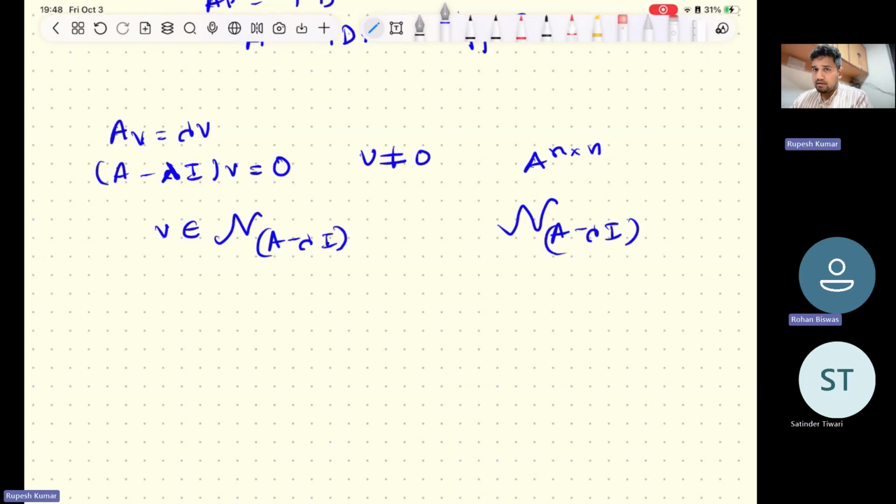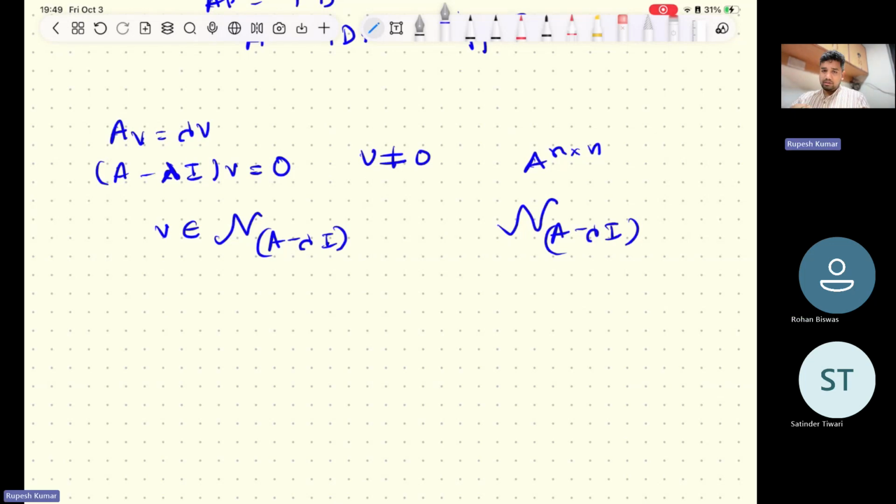But if A is the identity matrix, then the null space contains only the zero vector. I'm talking about A minus lambda I, where A is identity and lambda is 1. Yes, I get you.